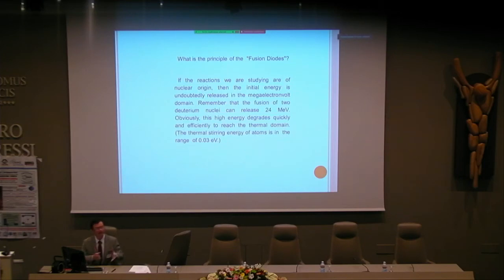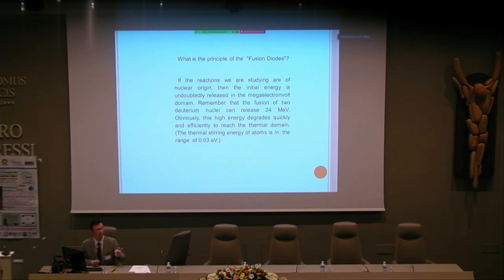If there is LENR inside a cathode or inside a device, there is production of energy at the beginning in the mega electron volt range, for example, 24 mega electron volts for the fusion of 2 deuterium, and after that there is down conversion.